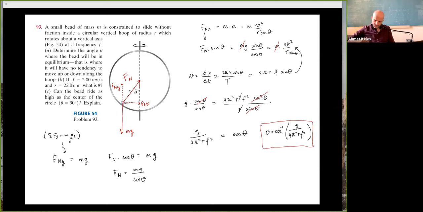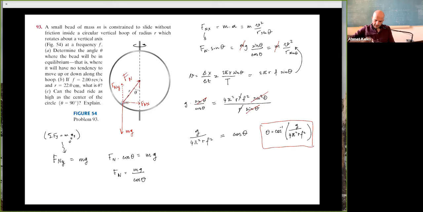So g is 9.8 divided by 4, divided by pi squared, divided by r, which is 0.22, and f squared is 2 squared, which is 4, divided by 4.